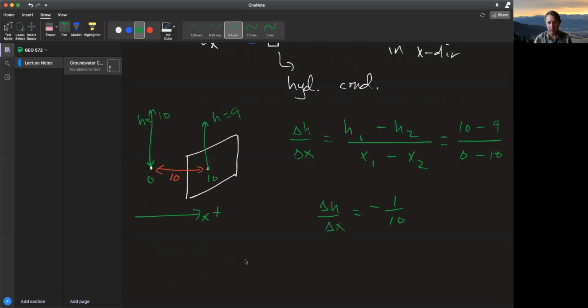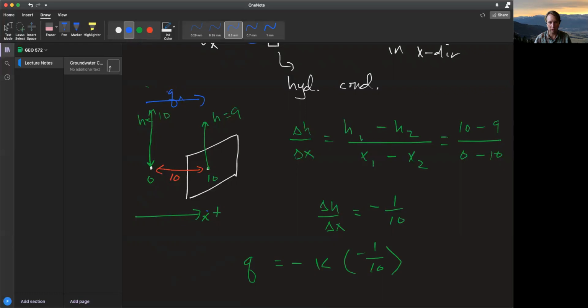Now I have Q is equal to negative K times negative 1 over 10. We know that fluid flows from high head to low head. Here we have a head of 10, here we have a head of 9. The fluid is definitely going to flow in this direction, the positive X direction.